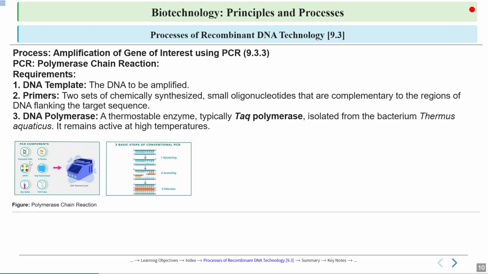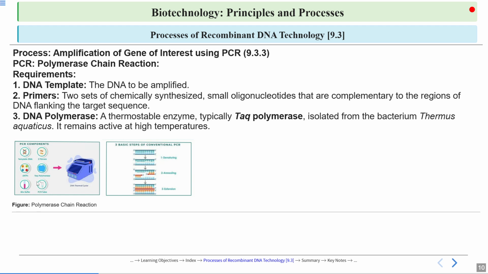I told you DNA polymerase will go and add nucleotides, but we have to give it nucleotides so that it can add to that growing DNA strand. This is the Taq polymerase, that is DNA polymerase, which is a thermostable enzyme. This is the buffer which we need, and this is the PCR tube.